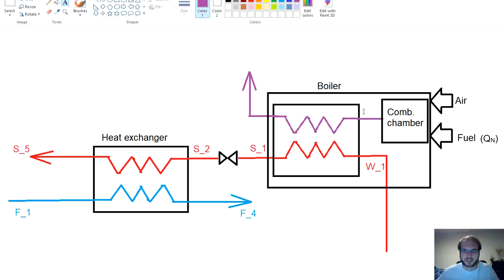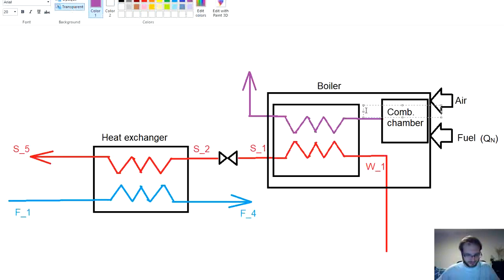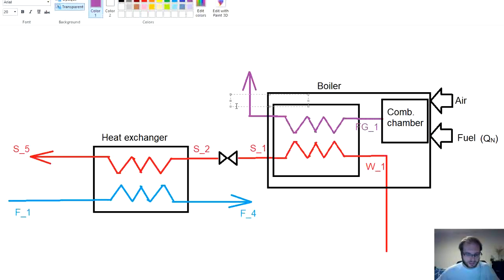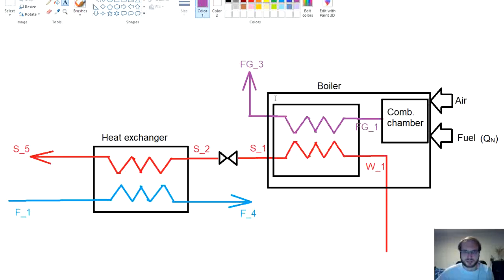And for the flue gas we will have Fg as flue gas 1, like this, and the exiting flue gas will be denoted with number 3. As you might already guess why there is no number 2, the number 2 will be inside the heat exchanger.